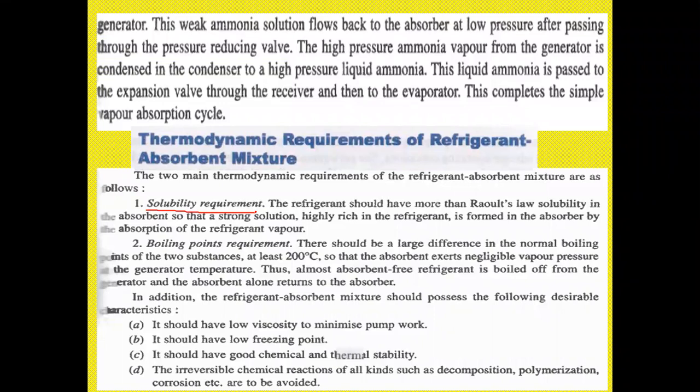The second one is the boiling points requirement. There should be a large difference in the normal boiling points of the two substances, at least 200 degrees centigrade, so that the absorbent exerts negligible vapor pressure at the generator temperature.